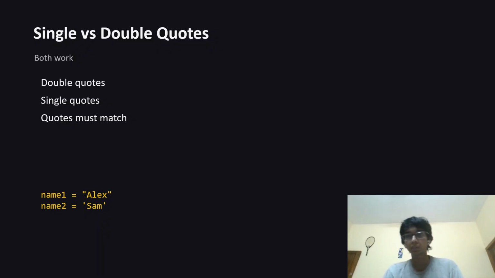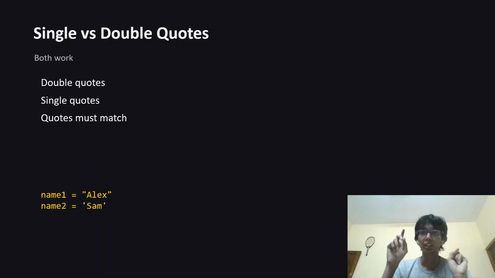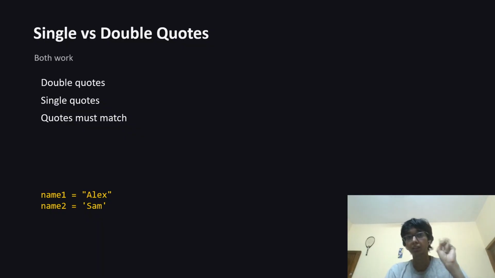If you start a double quote, it should be closed. The quotes must match. You cannot start with a single quote and end with a double quote, and you cannot start with a double quote and end with a single quote. If you start with a double quote, you have to end with a double quote. If you start with a single quote, you have to end with a single quote.